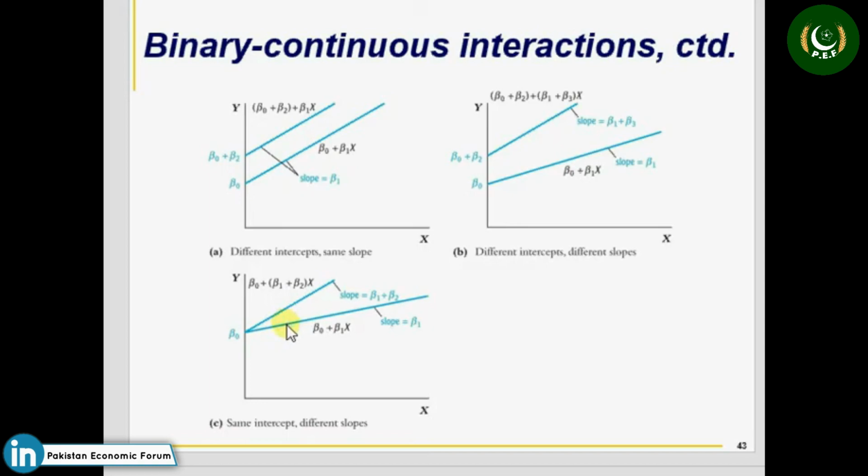And the last one is the interaction of continuous with continuous. For that you have to do the calculation point by point, because you have x1, x2, x1 into x2. So if x1 is 20 and x2 is 10, what will be their product? Similarly, if x1 is 21 and x2 is 11, what will be x1 into x2?